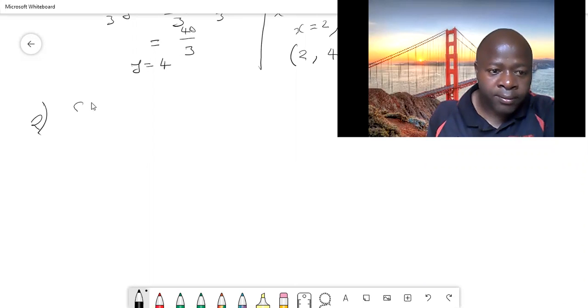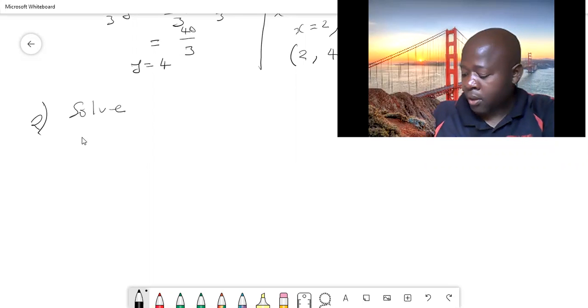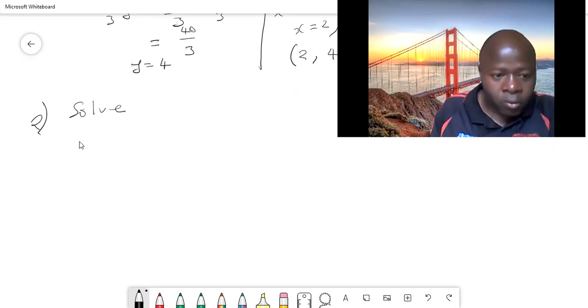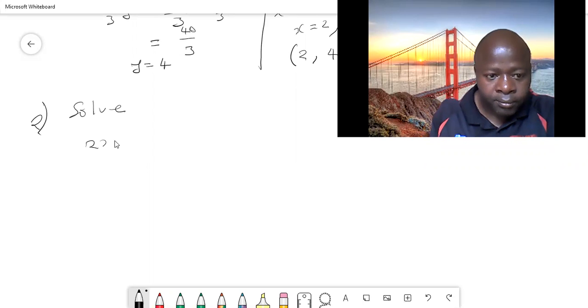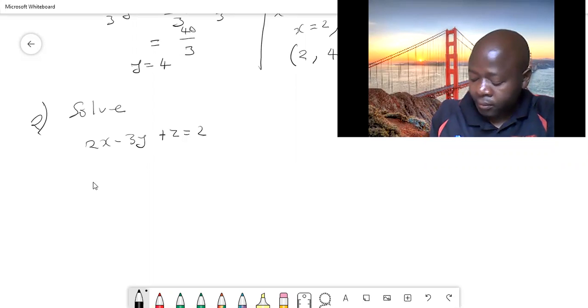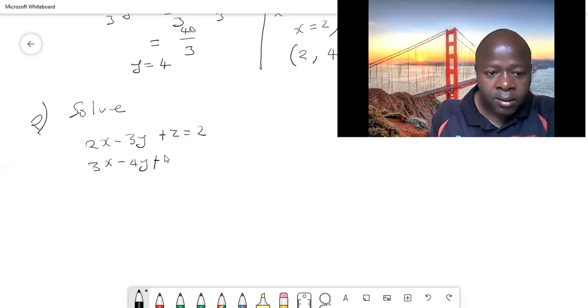So solve: 2x minus 3y plus z equals 2, 3x minus 4y plus 3z equals 7, 2x plus 3y plus 2z equals 8.